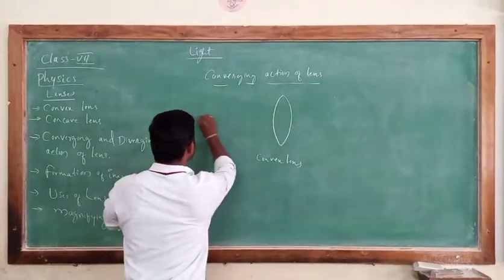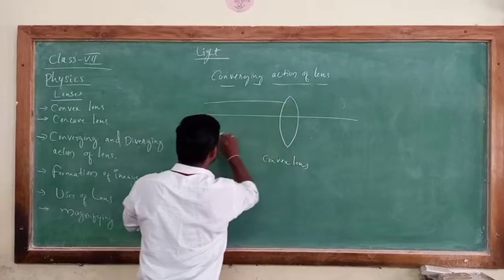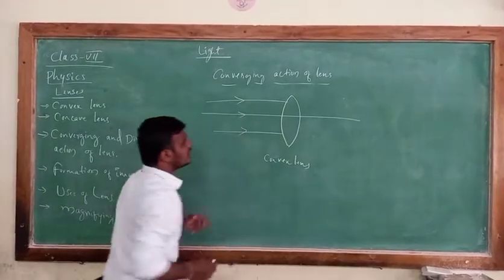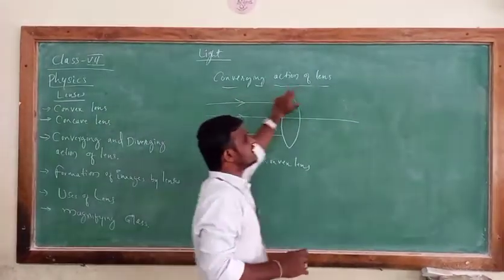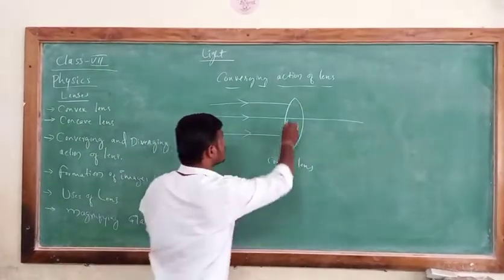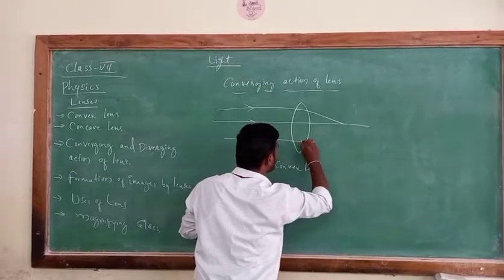When light rays fall on a convex lens, what is mentioned here is the converging action of the lens. It means the rays have to converge at a point.